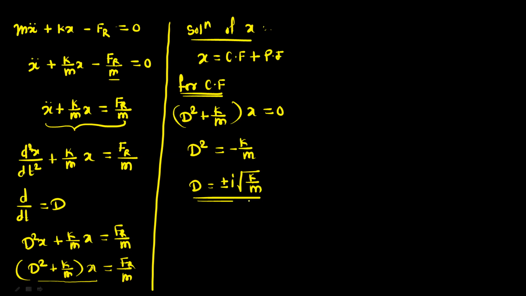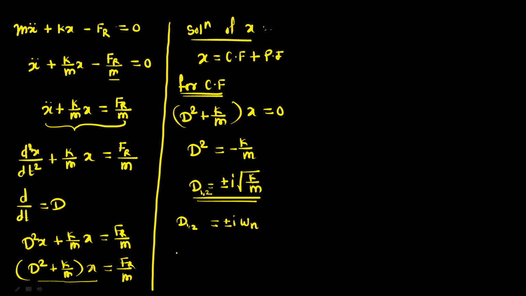Actually we have two roots for the D operator, D1 and D2: the first is positive, the second is the negative root. If you observe the value in the square root, it is the natural frequency for a simple spring mass system. So D1 and D2 are equal to plus or minus i into omega n.